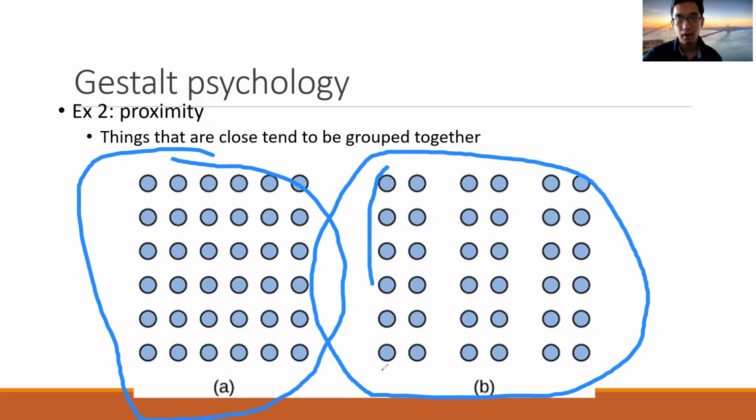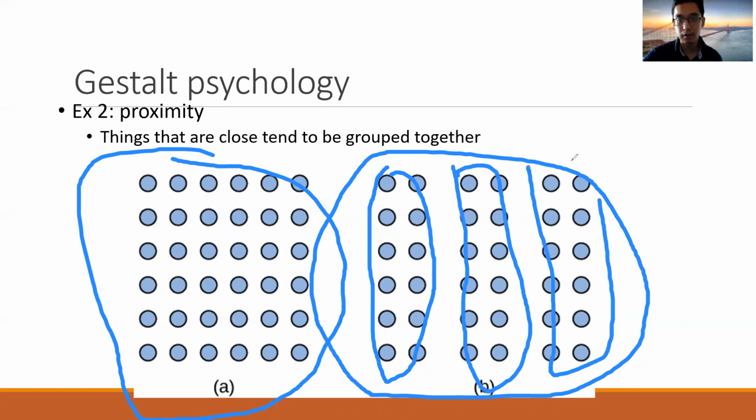Because these dots are close together. These dots are close together. These dots are close together. You can see the dots that are close to each other are grouped into one group. So it seems like there are three groups of dots, right? So that's the principle of proximity.